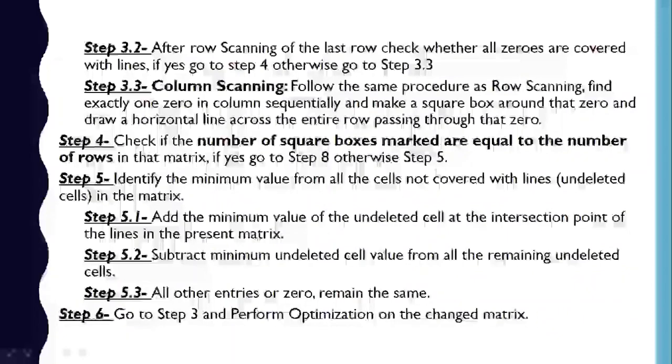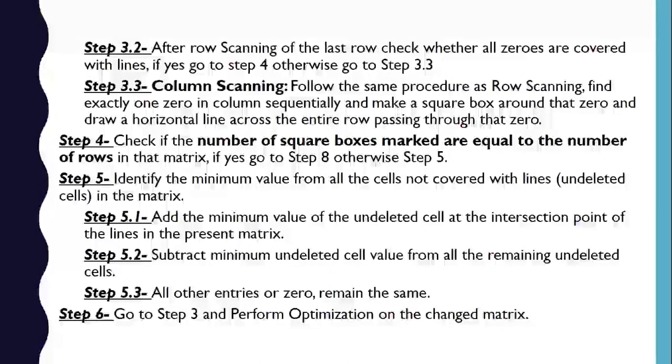Then, after performing row scanning, we see whether all the zeros in the matrix are covered with lines. And if that is not the case, we go to step 3.3. When we go to step 3.3, we perform column scanning, which follows the same procedure as row scanning, but here we find exactly one 0 in each column sequentially, make a square box around that 0 and draw a horizontal line across the entire row passing through that 0.